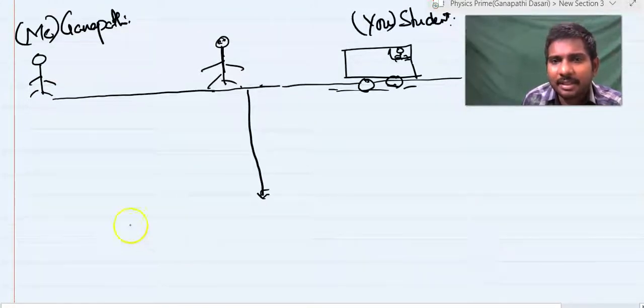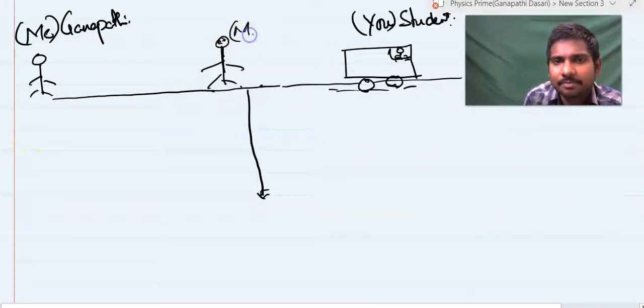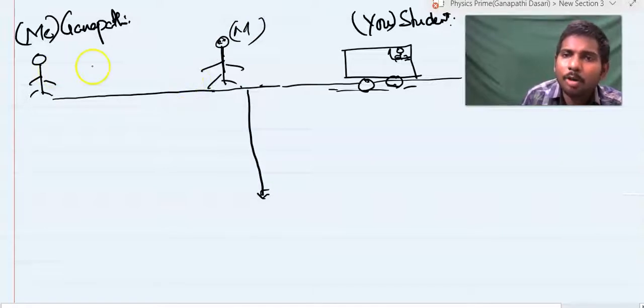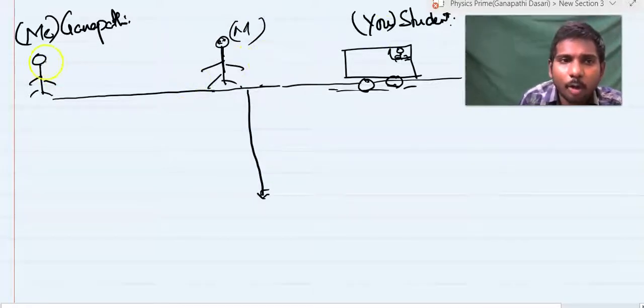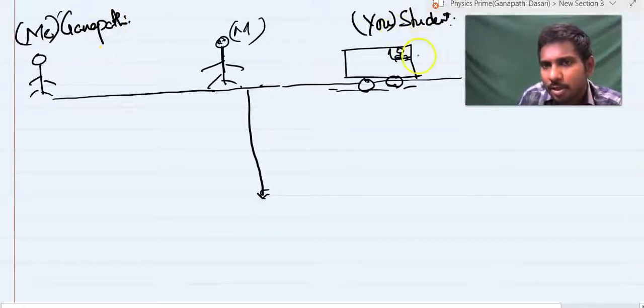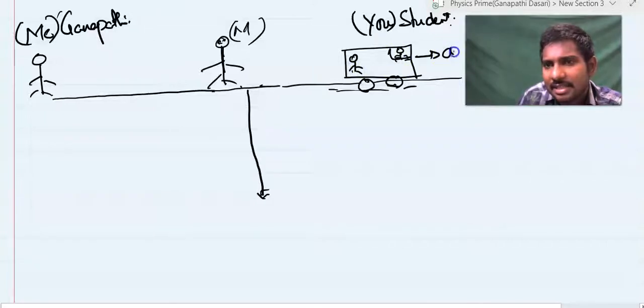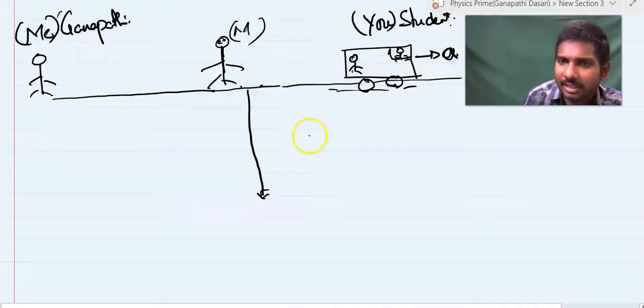What is that assignment? I need to draw free body diagrams for this man of mass m from both points of view, that is me and the student. So here the student is sitting in this car, and this car is accelerating in the forward direction.